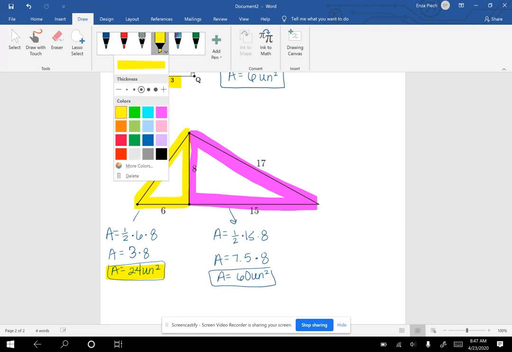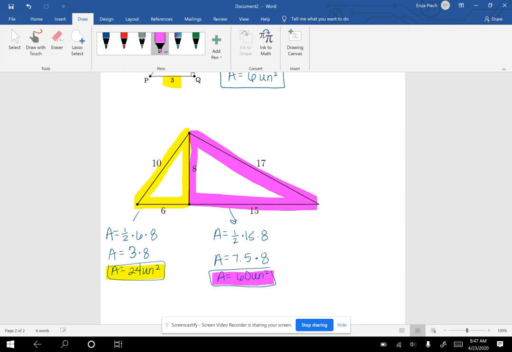Like I said, that's only the pink. And now what we're going to do is we're going to add those together. So I have 24 units squared plus 60 units squared. And I get 84 units squared as my final area for this entire triangle.